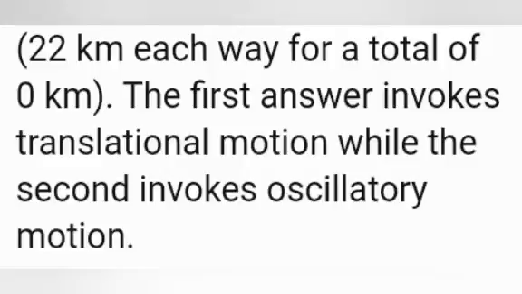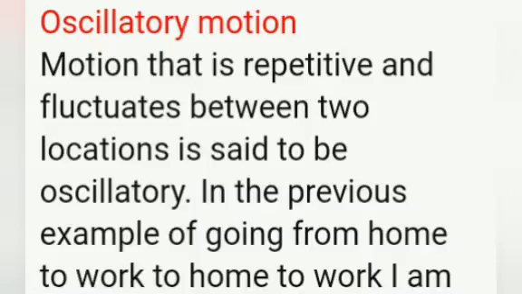Oscillatory motion is also a type of motion. Students, now the second type of motion is oscillatory motion. Motion that is repetitive and fluctuates between two locations is said to be oscillatory.